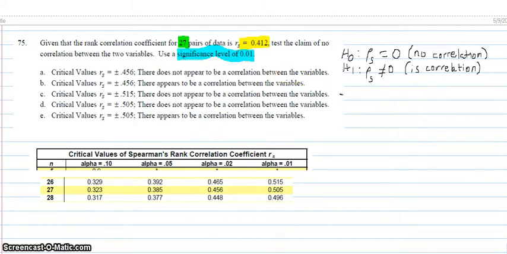So we know that our test statistic is 0.412. And I'm just going to note that this is the test statistic, okay? Because that's going to be important. We don't need to be getting confused between the test statistic and the critical values when we go to compare.